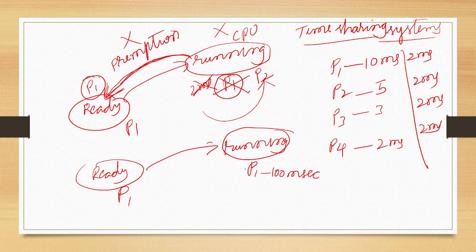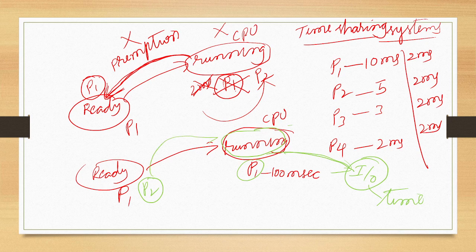We cannot remove the CPU from process P1 until its completion. If P1 requires some IO time in the middle of execution, then the CPU can be allocated to another waiting process. Suppose P2 is waiting; immediately the CPU can be allocated to process P2.